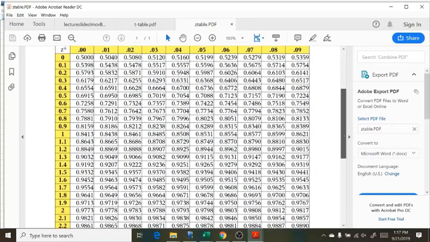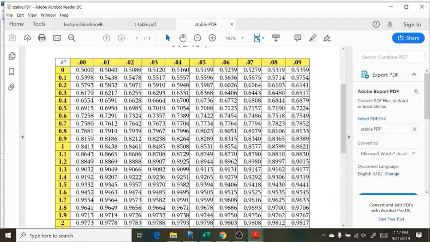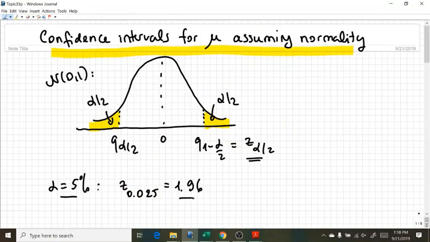In other words, 0.975. Where do I find it? Here I am. This is where I have 0.975. And the corresponding quantile is 1.96, right? Because it starts with 1.9 and the second decimal is 6, right? So that precisely confirms what I obtained here, right?